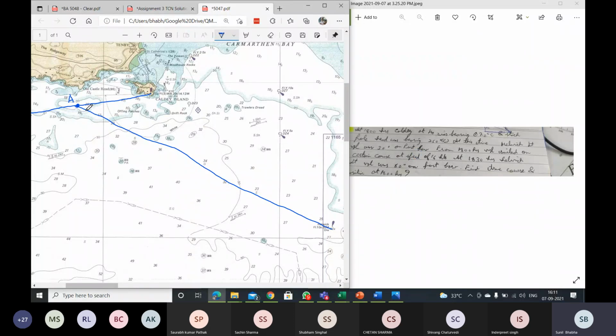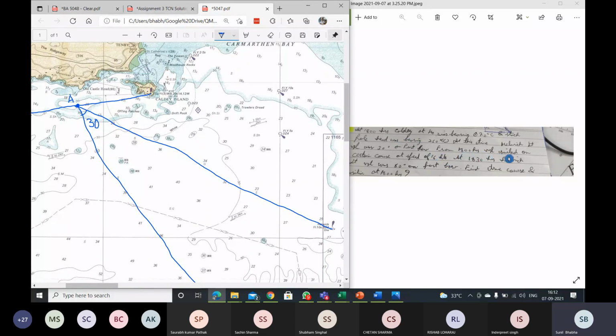So that means 30 degree from this line should be my heading. The heading should be this way. What is this angle? This angle is 30 degrees. Again, reminding you, this is a rough diagram, beta. I'm just making the rough diagram to get a lead into the question. So up to here, everybody okay? Yes. Okay, very good. Now let's go further.